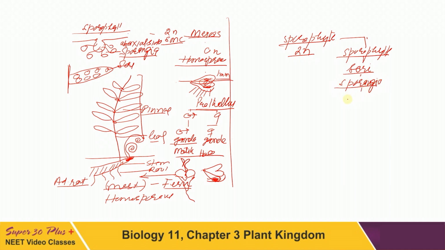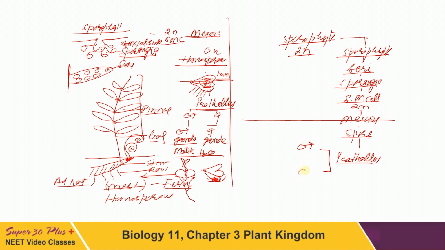Sporangia have spore mother cells, which are 2n structures. Now there will be meiosis. As a result of meiosis in the spore mother cell, the spores will be formed. A spore germinates and develops into the structure called the prothallus. The prothallus has male and female sex organs known as antheridium and archegonium.